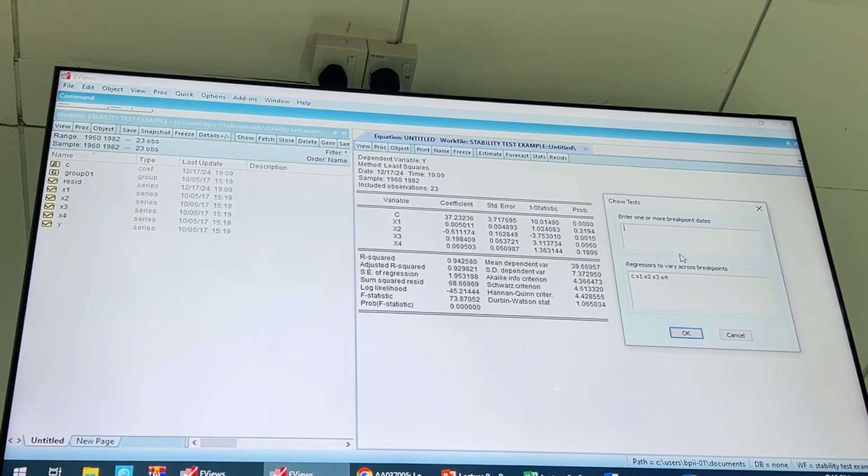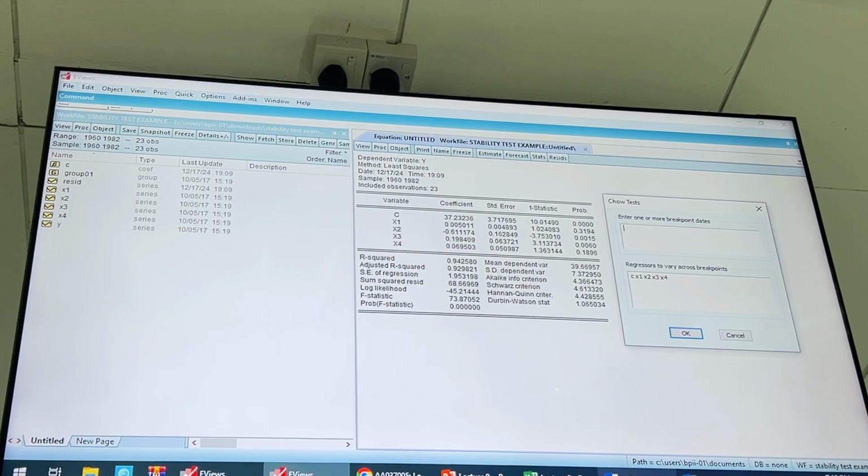In our case, the second subsample starts from 1977, right? The information says after 1976, so it starts from 1977. So you have to carefully read the given information.